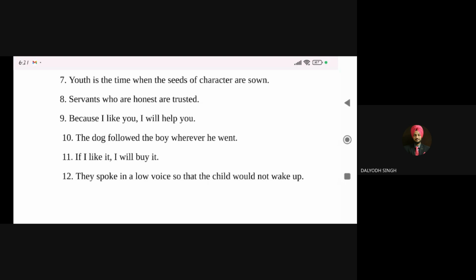If I replace it with something randomly, if I say the dog followed the boy house, can I say that? No, I cannot replace the clause with a noun without having added some other syntactic element in between. I should be able to replace the clause directly with a noun.